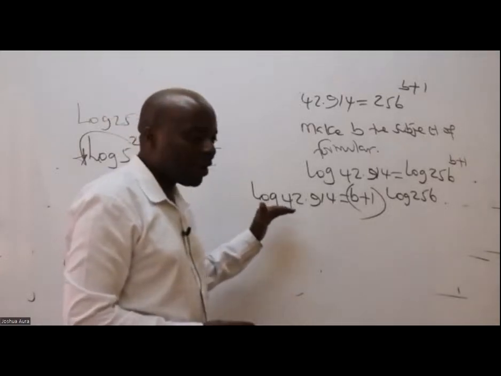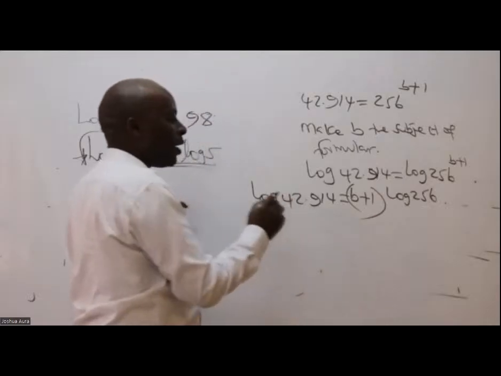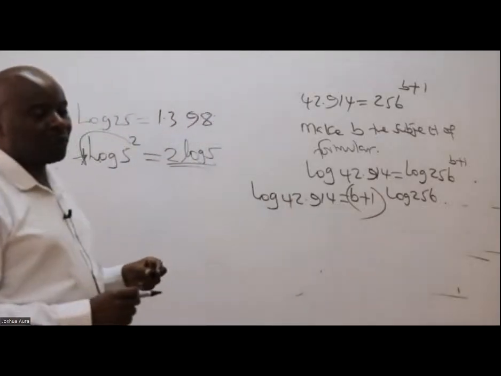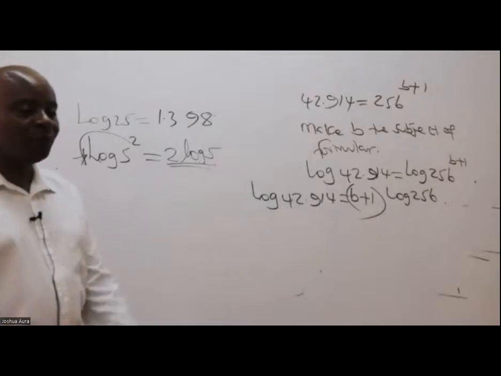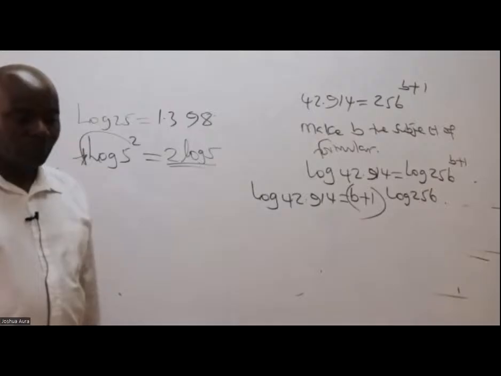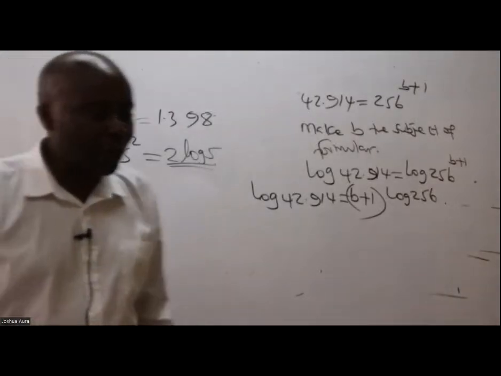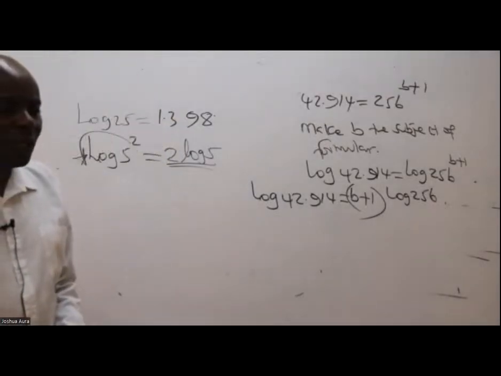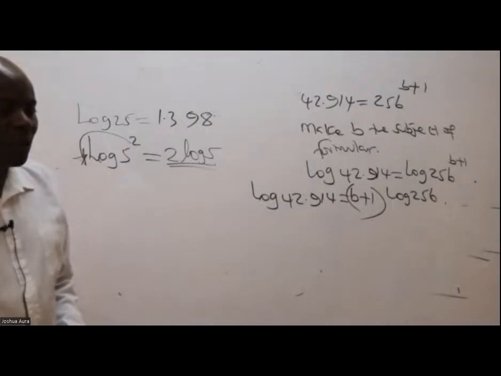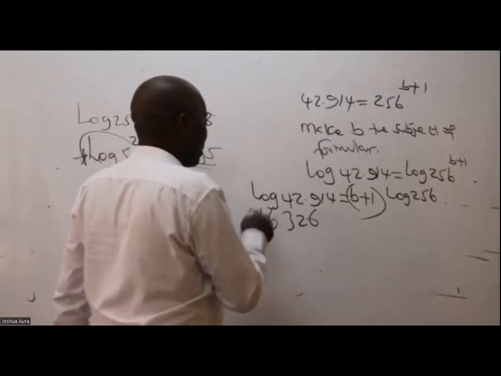Now, could you kindly evaluate? What is log 42.914? Is there somebody who can give me an answer? According to Jamie, it's 1.6326 with a decimal there.